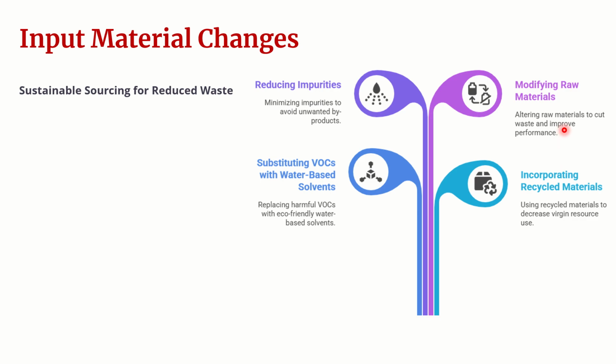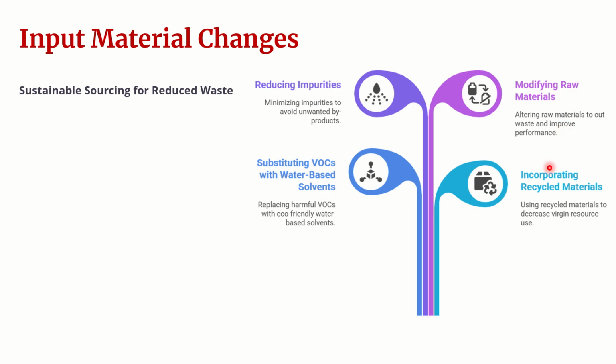So switching from petroleum-based plastics to bioplastics, or using some green solvents instead of conventional solvents. Then using high purity materials, like reducing impurities can prevent side reactions and also the generation of undesirable byproducts or any waste material.